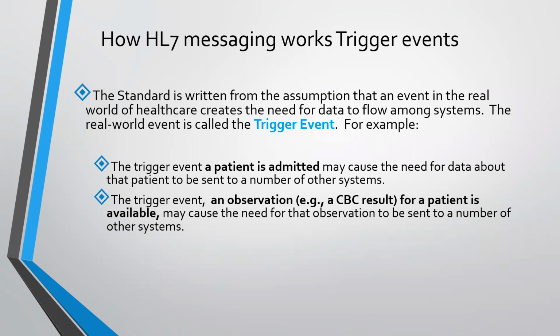Right. As these events are demanding for the data to be sent from one system to another, these kinds of events are called trigger events because they are triggering the data from one point to another point. And HL7 works basically on this particular principle.